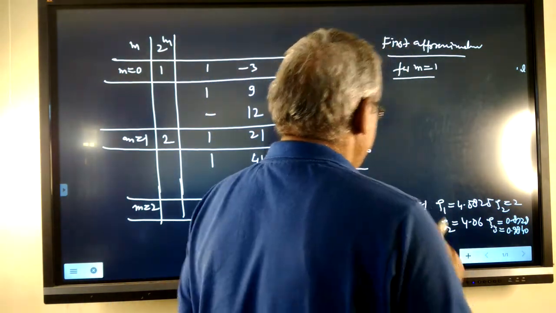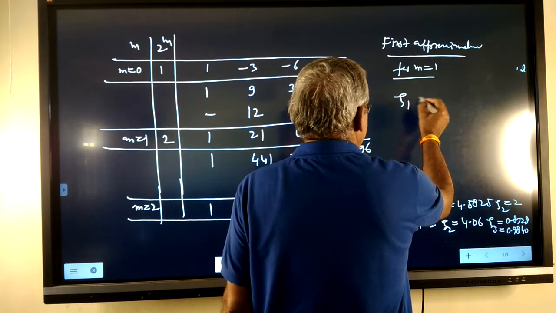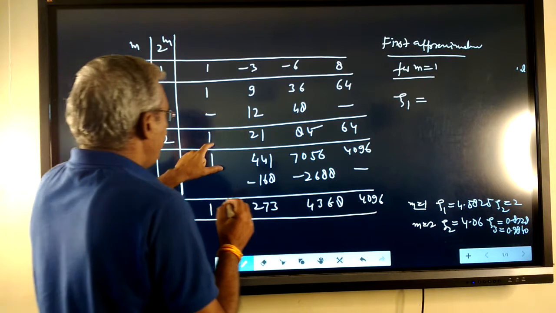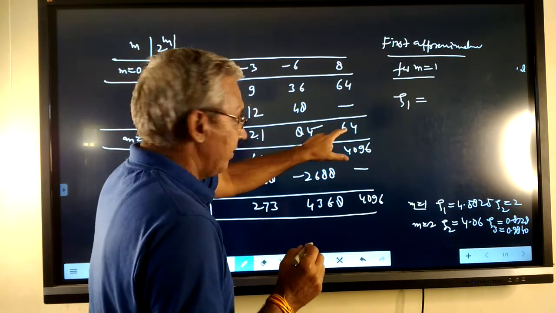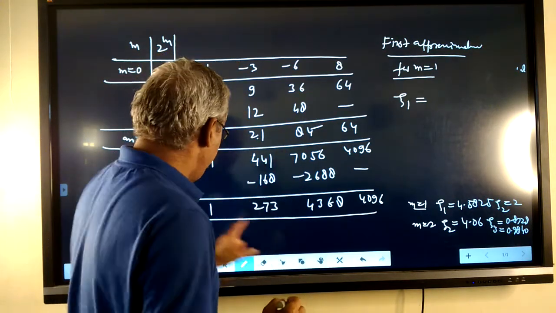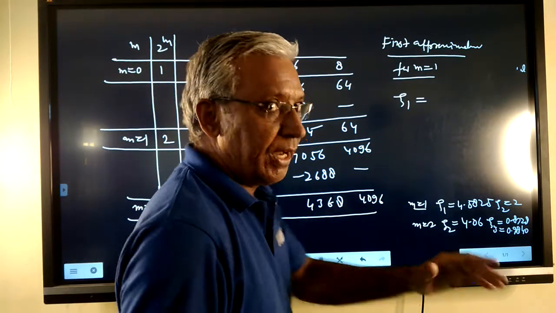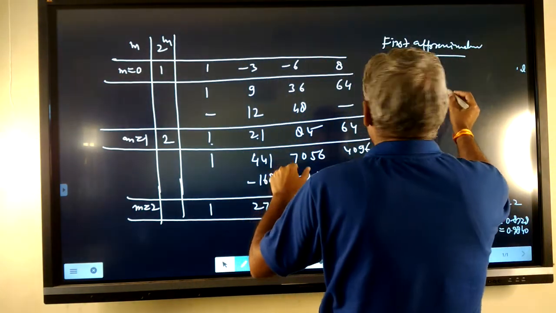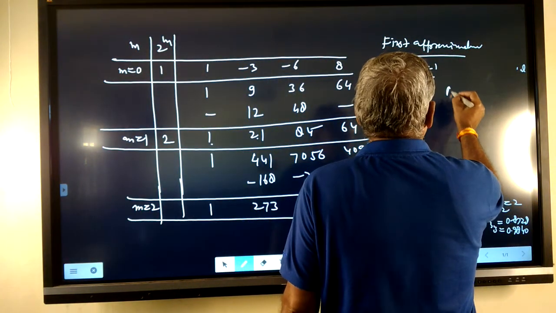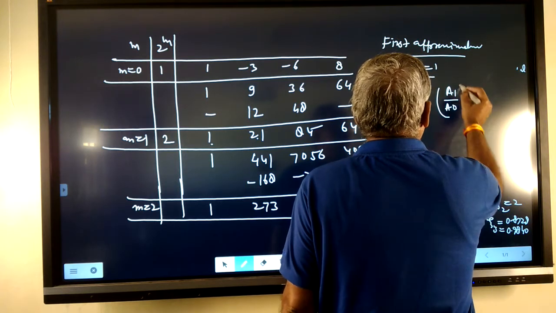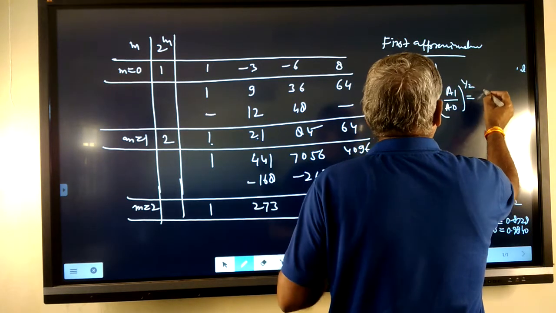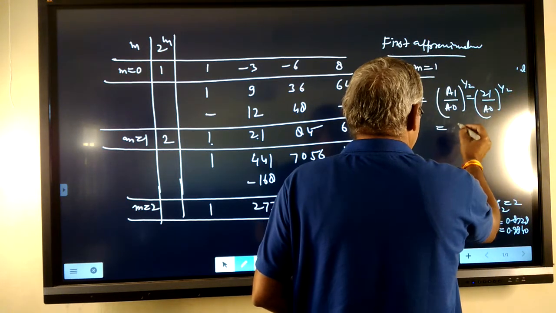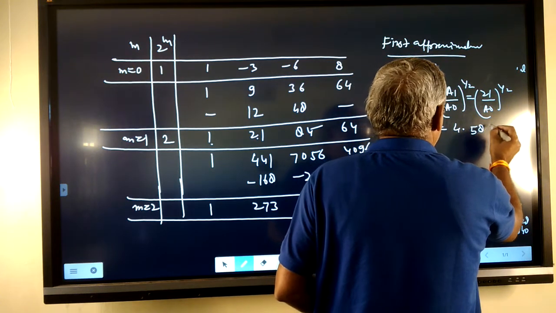The absolute value of xi1 is A1 upon A0 to the power 1 by 2, which is 21 upon A0 to the power 1 by 2, approximately 1.5825.